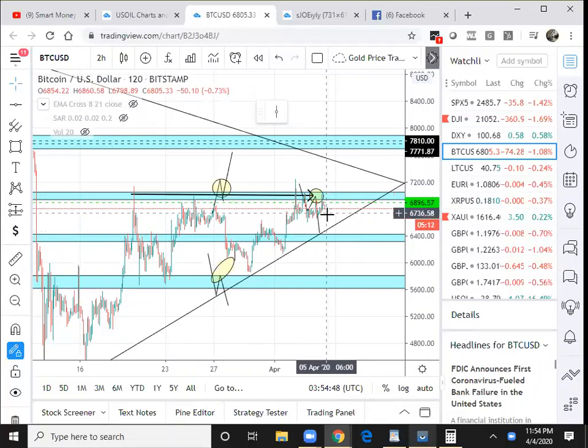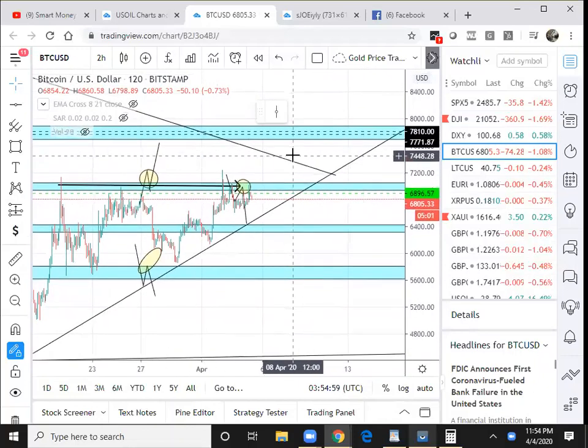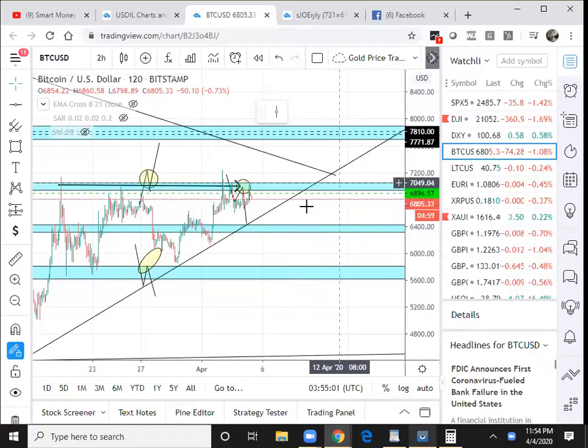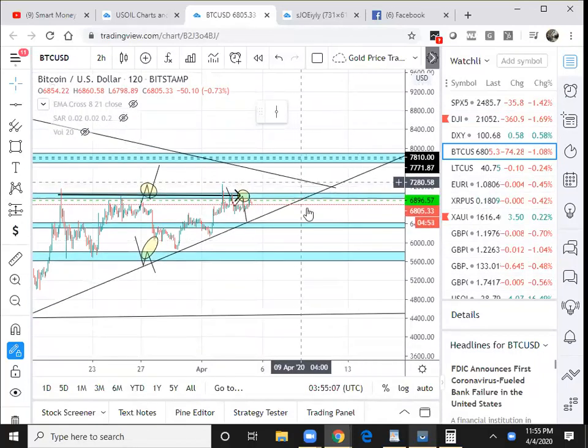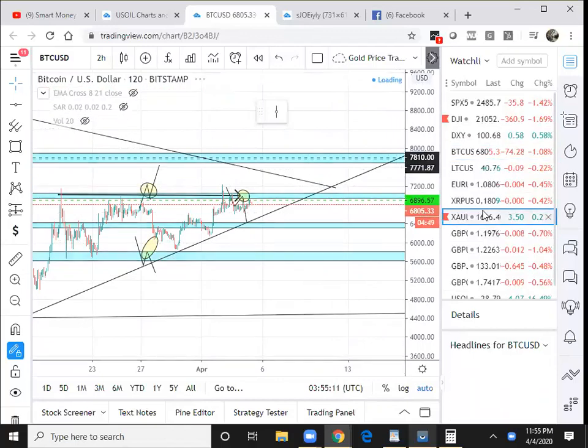So what I'm expecting is price to come back down to this zone here, break above, come back up, probably wick, and at some point there's a breakout that is coming here, somewhere around here, right? It could be on the upside, it could be on the downside. It can even be downside first and then up, right?